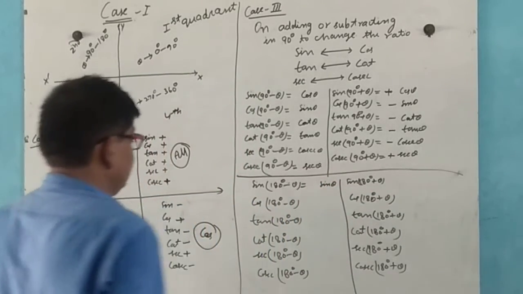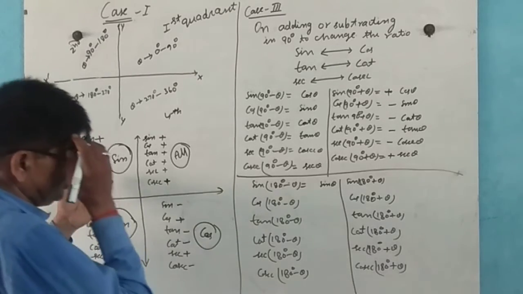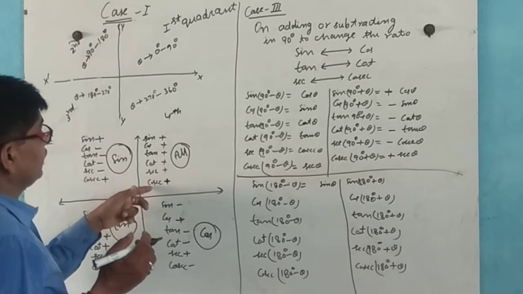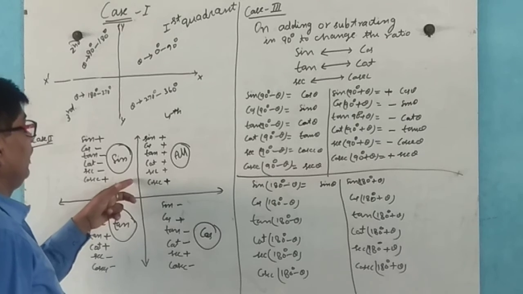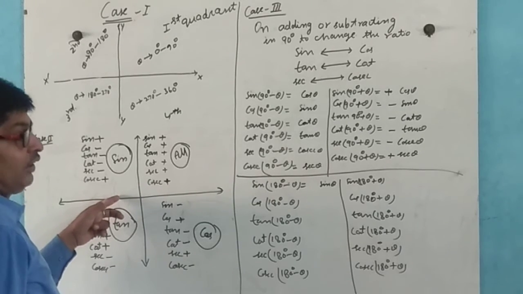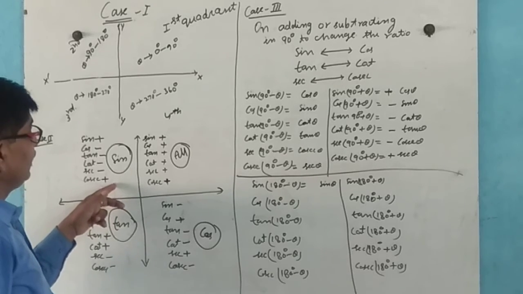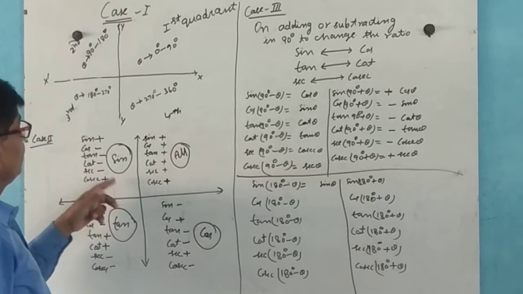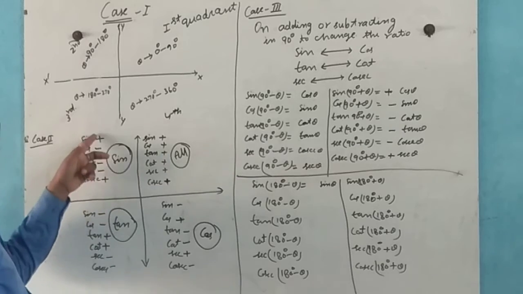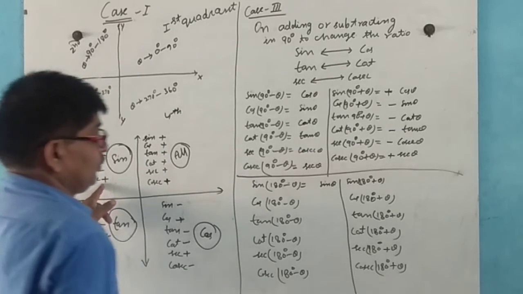But the sign, plus or minus, changes with the help of this. Here is 90 degree, here 180 degree, but minus theta, so due to minus we return in this quadrant, where only sin and cosec are positive.